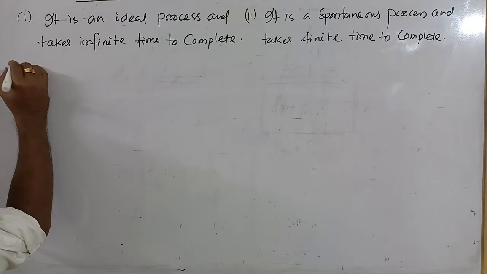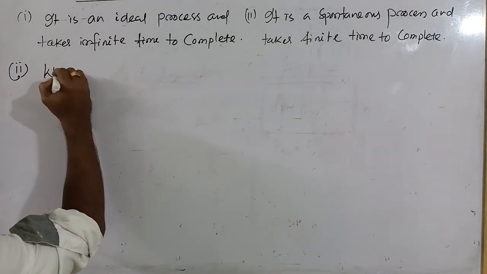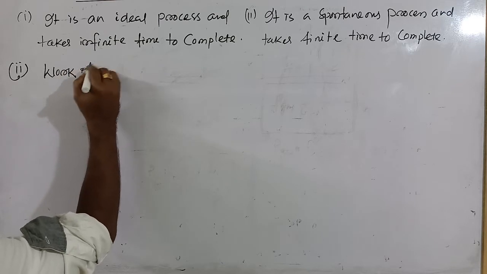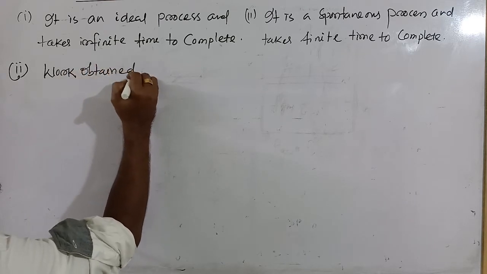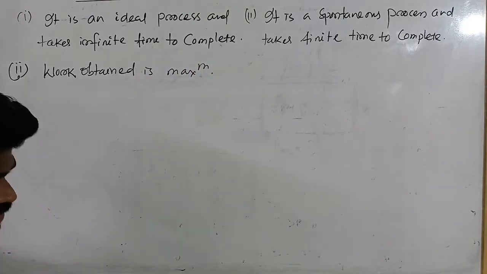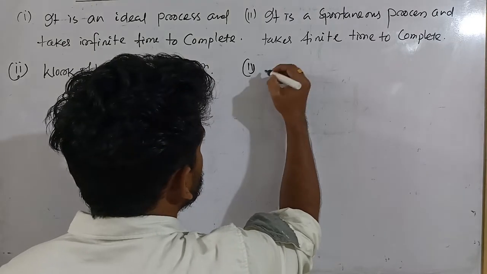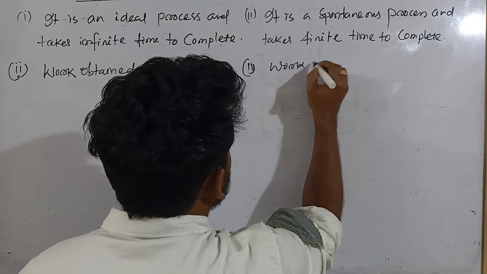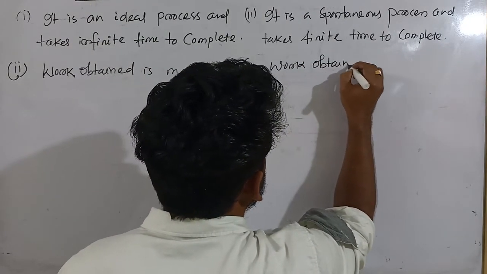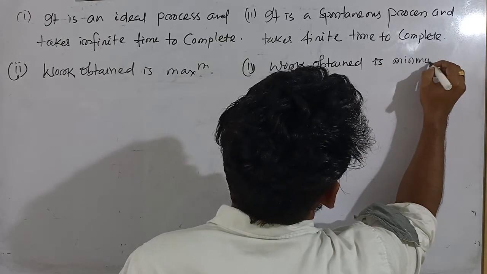Second point you can write: work obtained is maximum in case of a reversible process, but in an irreversible process, work obtained is minimum.